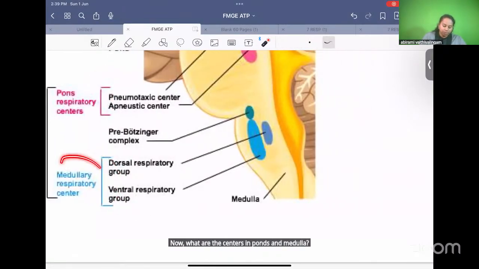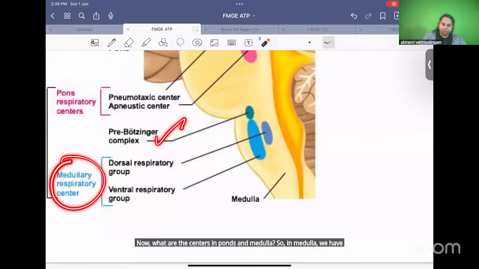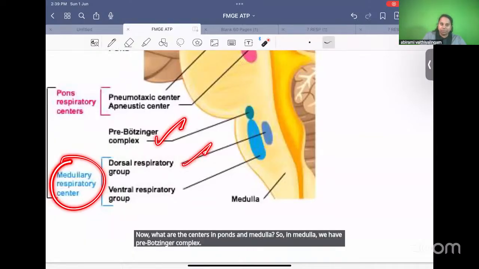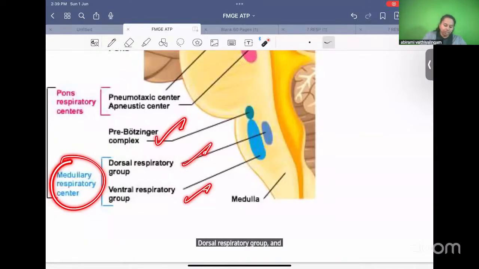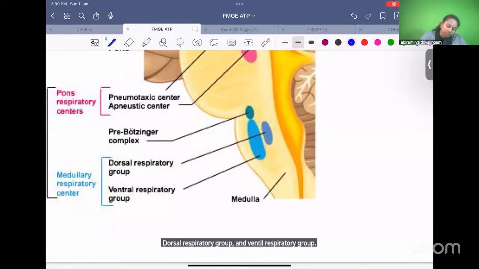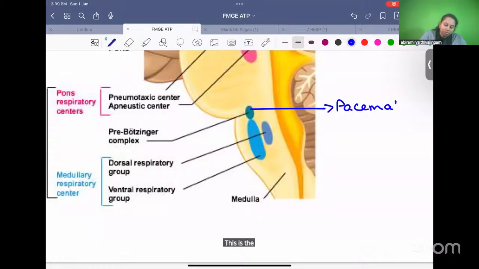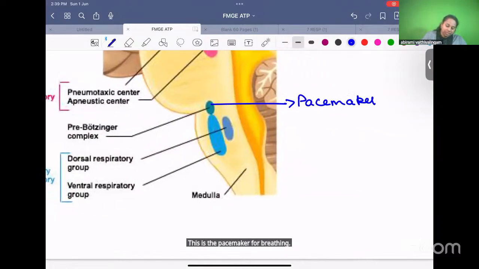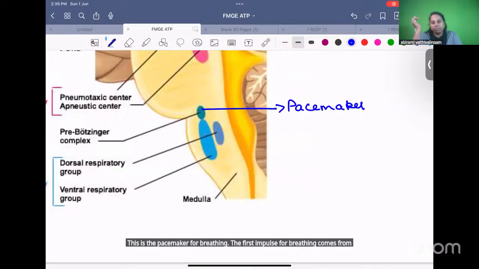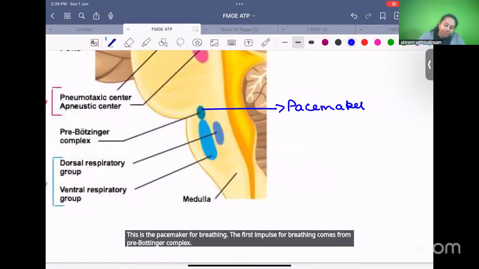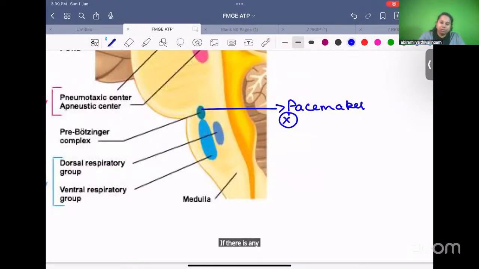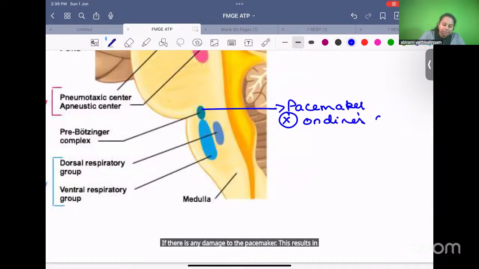In medulla, we have pre-Botzinger complex, dorsal respiratory group, and ventral respiratory group. Pre-Botzinger complex is the pacemaker for breathing. The first impulse for breathing comes from pre-Botzinger complex. If there is any damage to the pacemaker, this results in Ondine's curse.